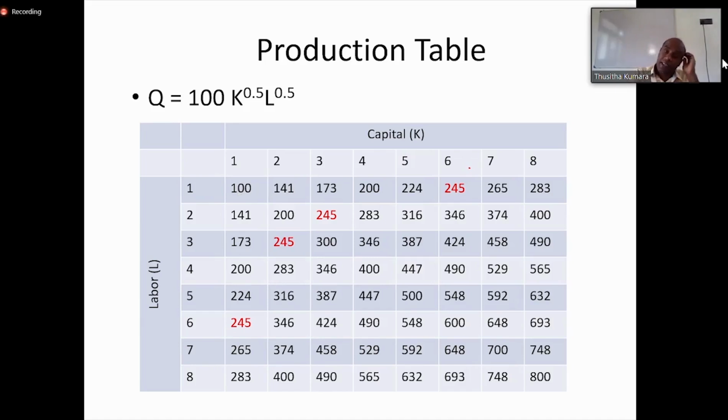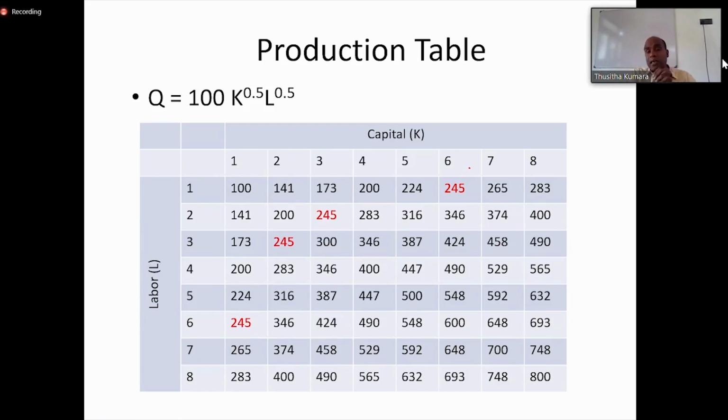Likewise, we can mix 2 capital and 1 labor, so then output will be 141. Likewise, we can put 1 labor and capital 8, then 283 is our output. Likewise, we can have different combinations. This production table provides us all the information about different combinations of capital and labor, and what we are going to get as the output.